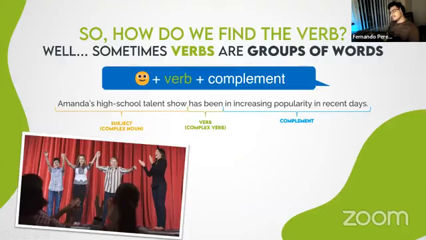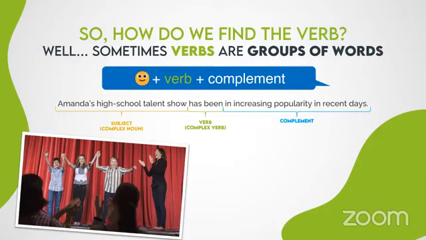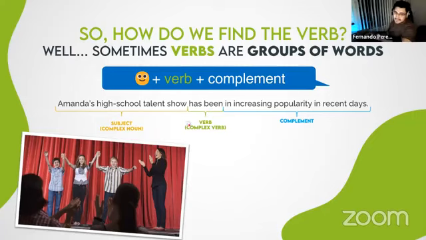You can say, okay, what is the verb? The verb is has been, complete, exactly. The word has been together. Only been is incomplete.